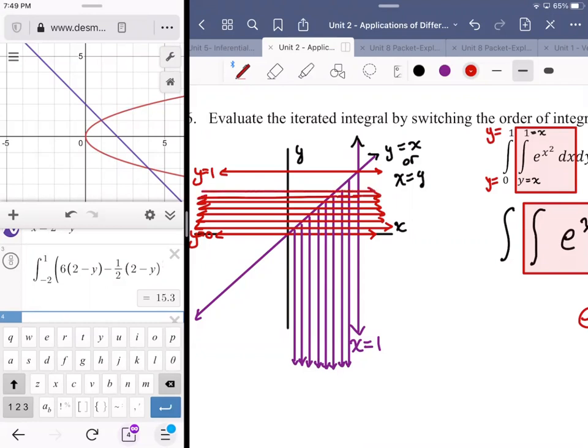The intersection of these two regions gives us what we want.